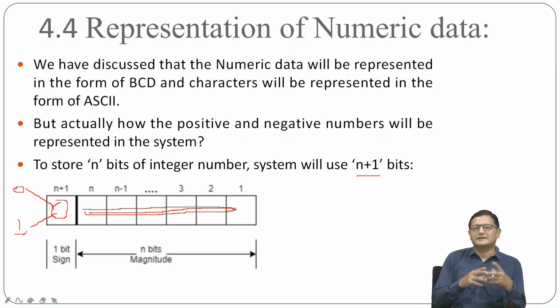If the sign bit is 0, the value you are representing is a positive number. If the sign bit is 1, the number written in the n bits is a negative number. That value is called the magnitude, and the 1 bit is called the sign bit.